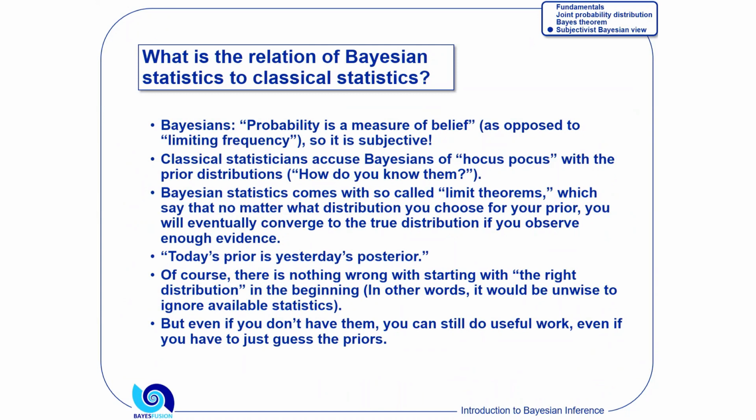So it's not as bad. And the big advantage is that you can do useful work when there are no data at all. That's the big thing about the Bayesian approach. If you have no data, or you have data over some variables and not others, you can still do useful work.